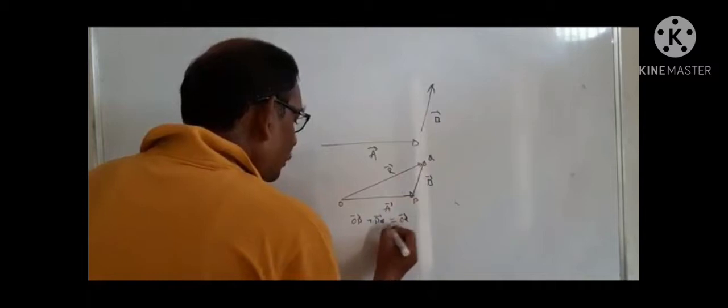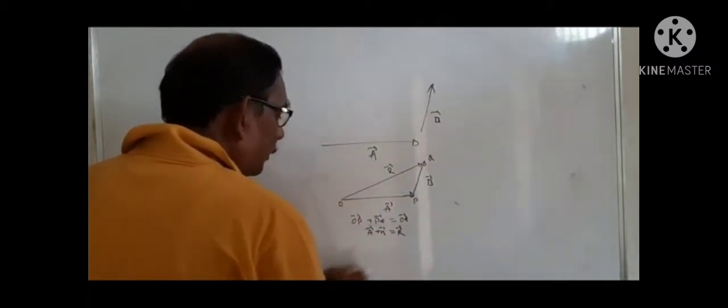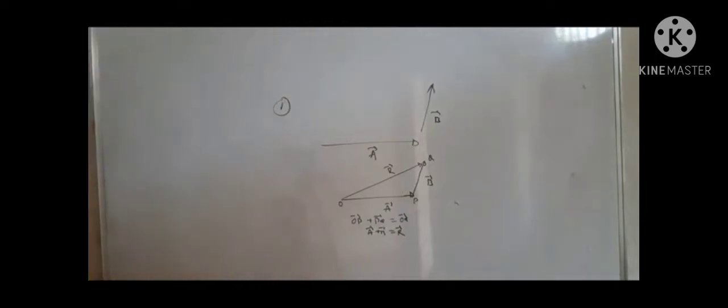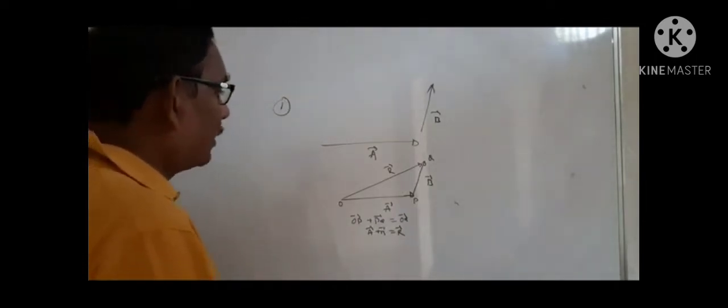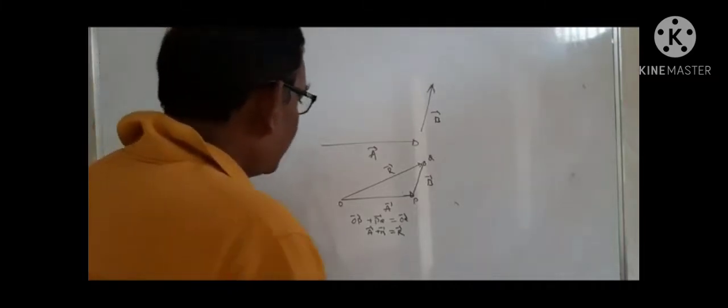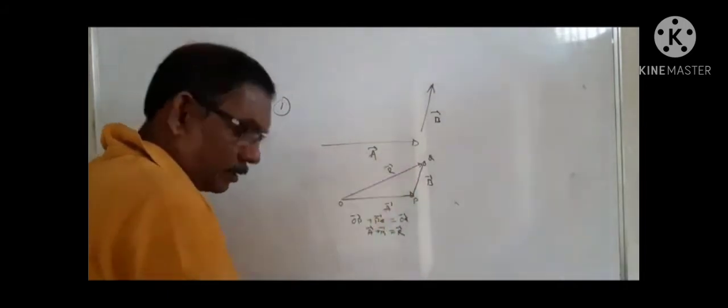So A plus B is equal to R. In this way, you add the two vectors by using the triangle law of vector addition. The third side of the triangle gives you the resultant of two vectors.